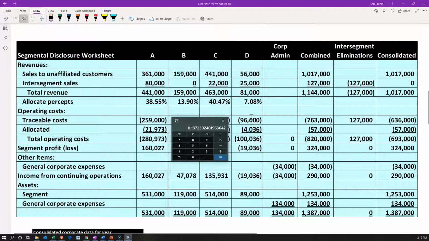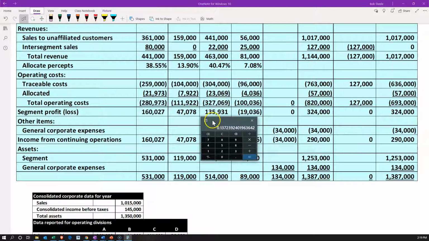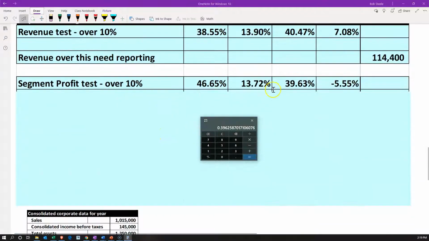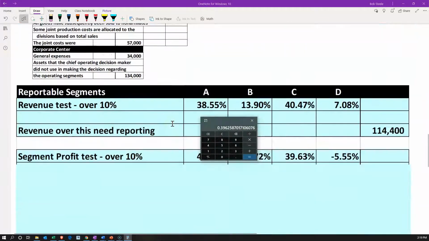And then next we have the 135,931 over 343,036. That's going to give us the 39. And then we had the loss here, and it's a loss.